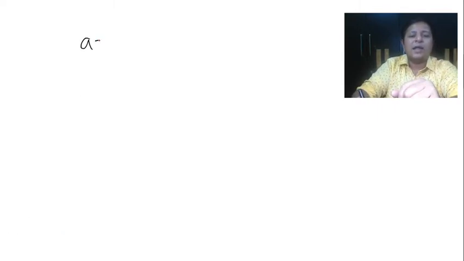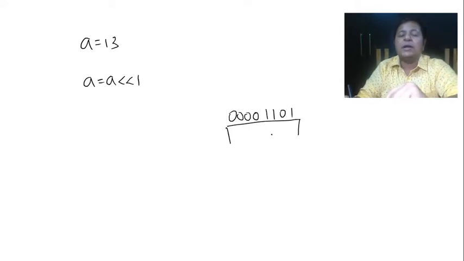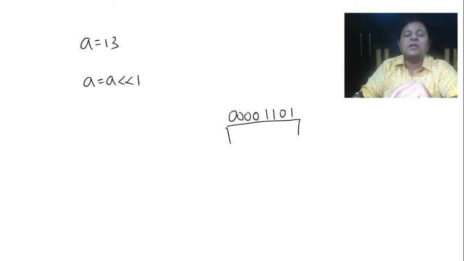Currently we have a as 13, and we have done a is equal to a left shift by 1. What is 13? 1 1 0 1, that is 13. Let us convert it into 8 bits. Now I want to shift the complete pattern to the left by 1 bit. So we punch it from the right.